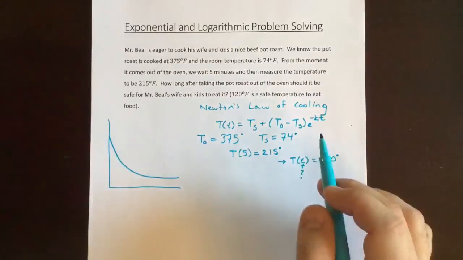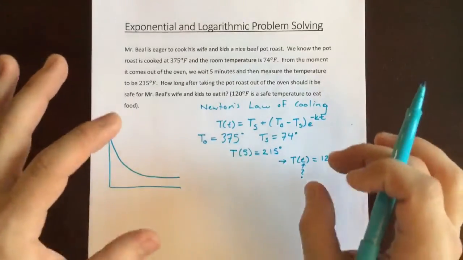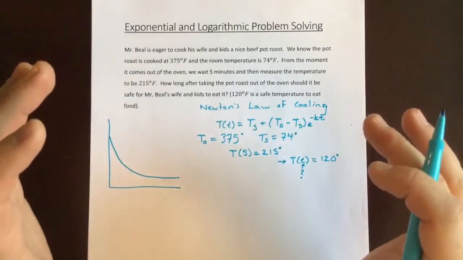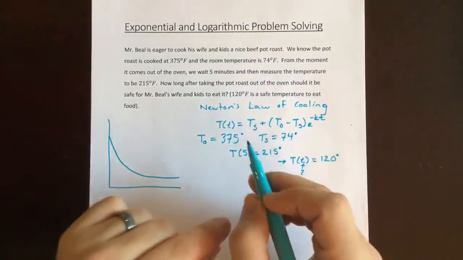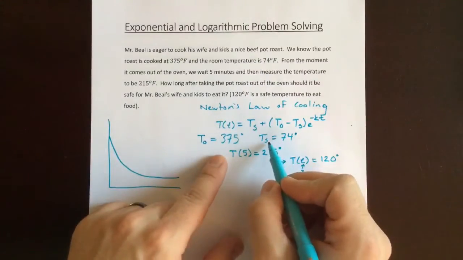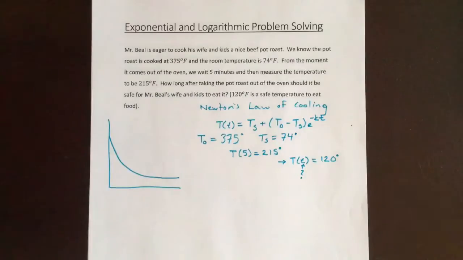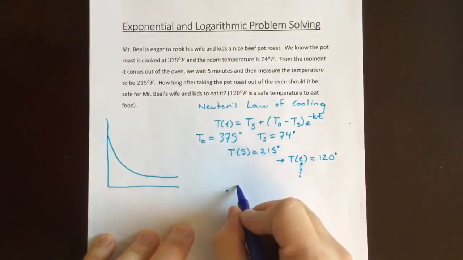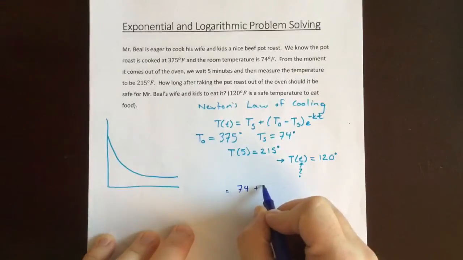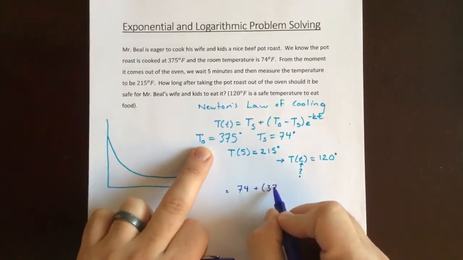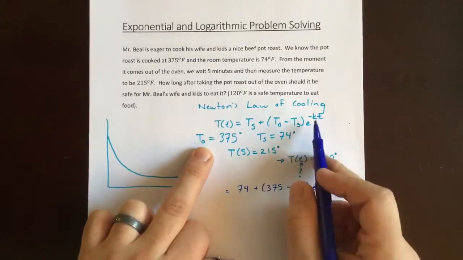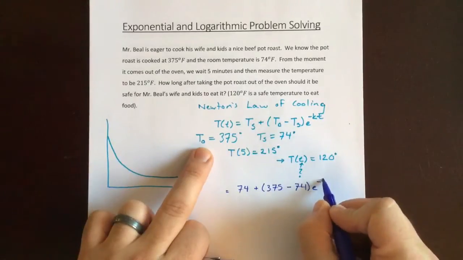Ideally we have everything that we need, but often we're not given something. So let's just see. Let's write this down: T sub S is 74. Our T sub 0 is 375. T sub S again, e to the negative k t, and we don't know what k is.